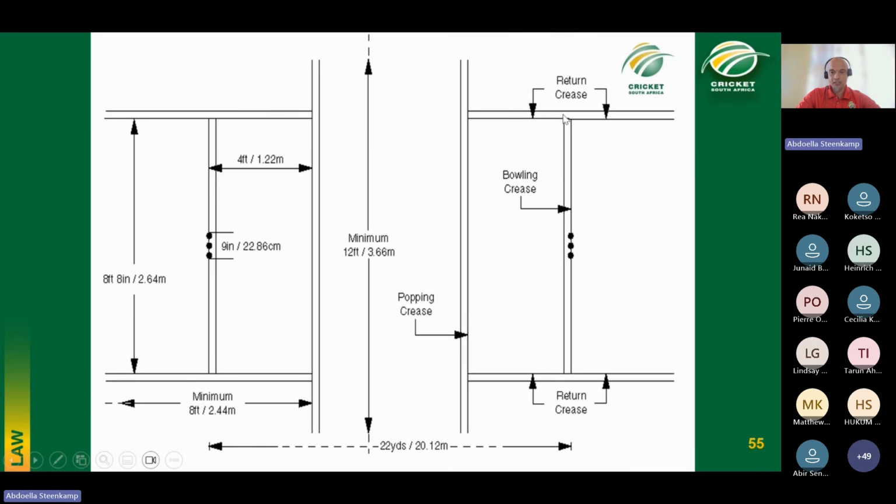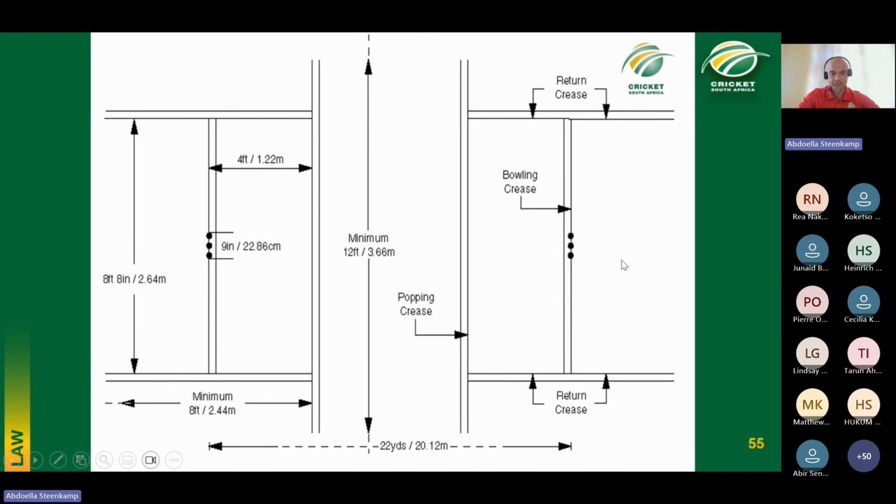Next, what is the name of these sidelines or side creases? They're called the return crease. There are 2 of them. This is the one return crease, and here's the other return crease. And lastly, the line where the stumps are in, that is called the bowling crease.